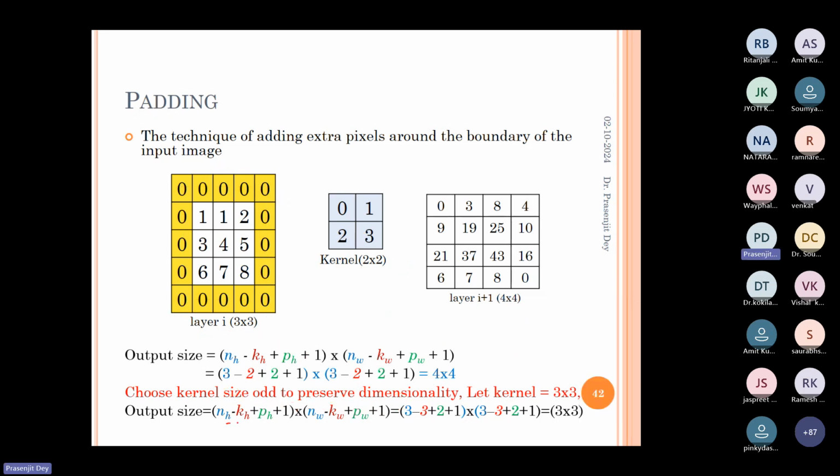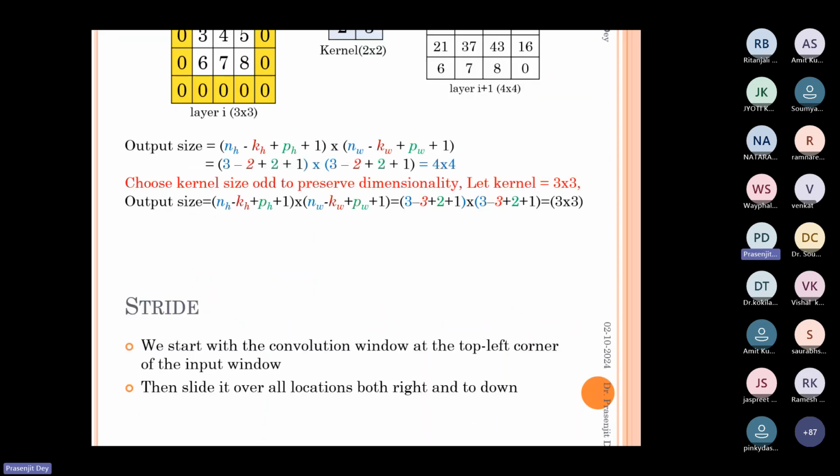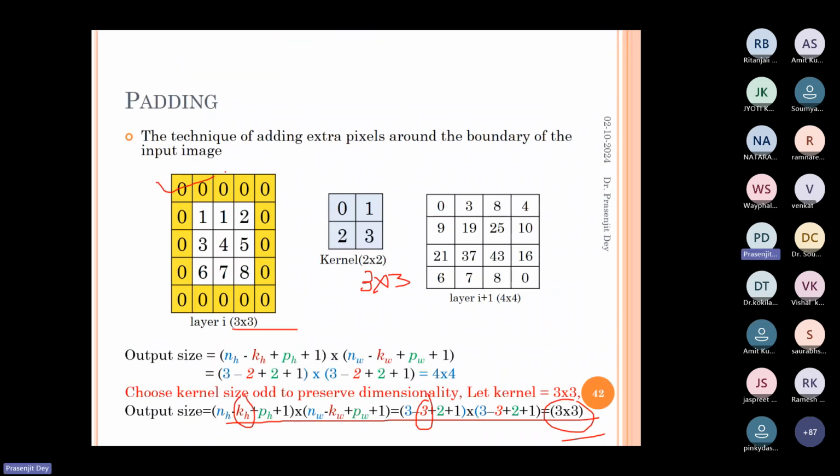As you can see in this picture, if I use a 3 cross 3 kernel, you will come up with the same resolution. The input was 3 cross 3, and the output is also 3 cross 3 if we apply a 3 cross 3 kernel. Because if you apply padding at top, you must apply padding at bottom. If you apply padding at left, you must apply padding at right. You cannot apply padding on one side only.